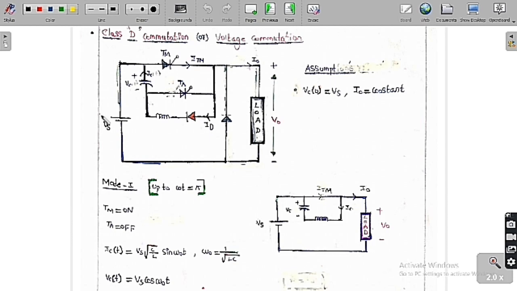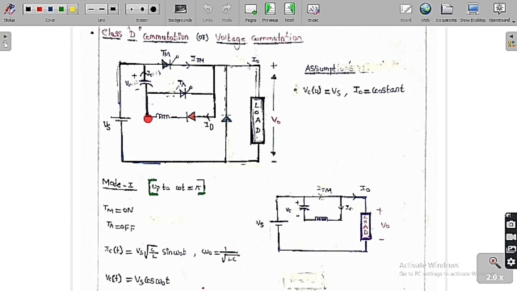This is the circuit diagram for class D commutation. Here there is a DC source Vs and a load with output voltage V0 and output current I0, and we keep a freewheeling diode across the load. This is the main thyristor TM that we need to turn off. Here we keep an inductor, a diode and a capacitor.